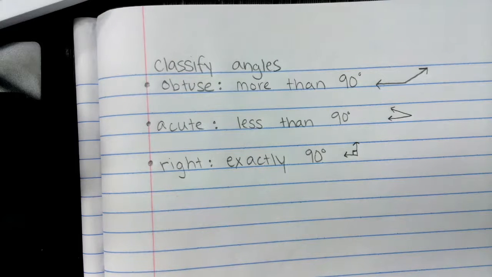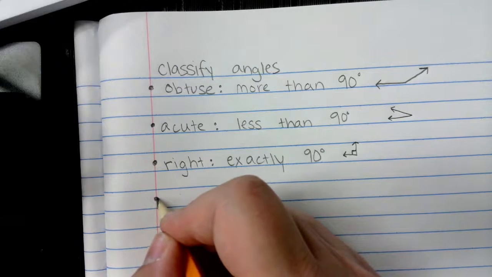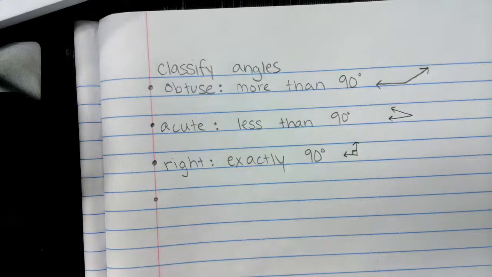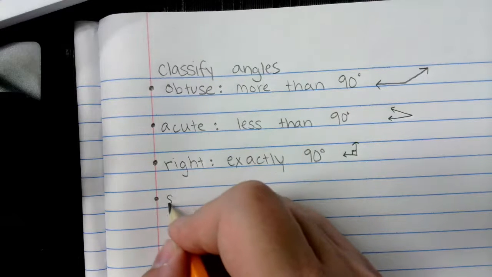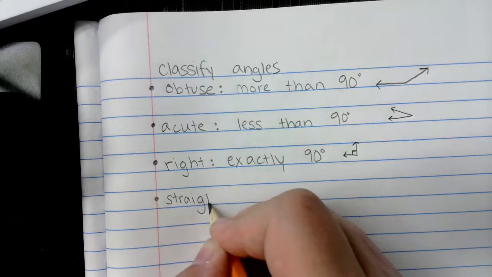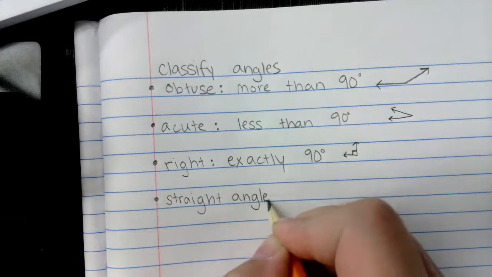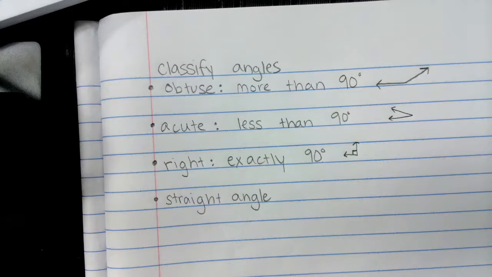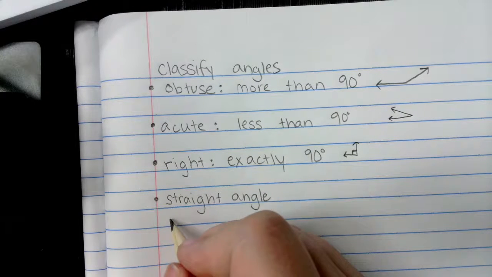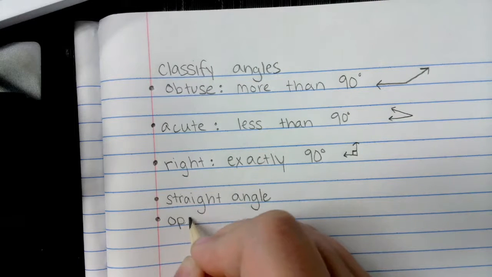Here's the new one that goes with this that you might not have heard before, but you're going to probably get the idea right away. Sometimes we say straight angle. Other times we might hear the same thing as opposite rays.